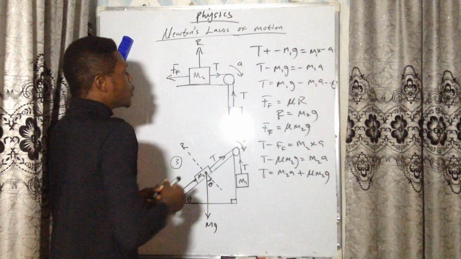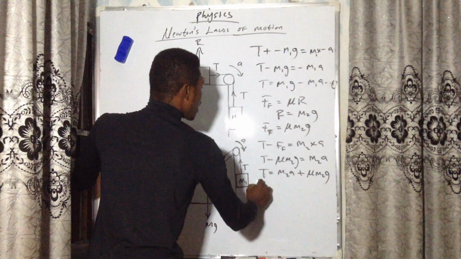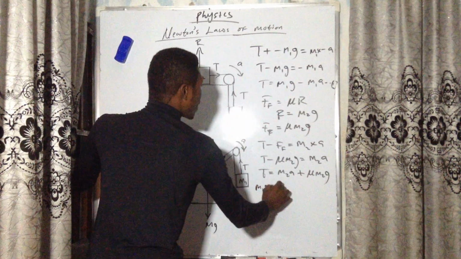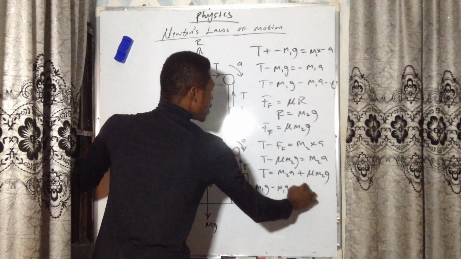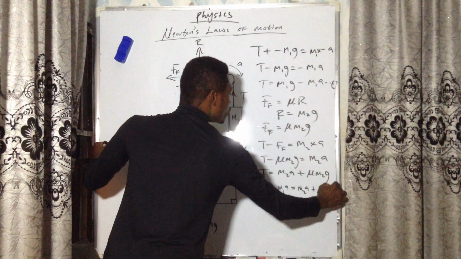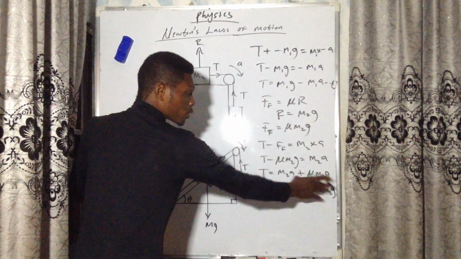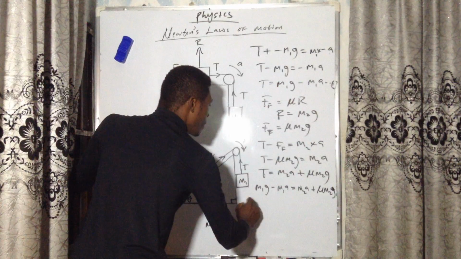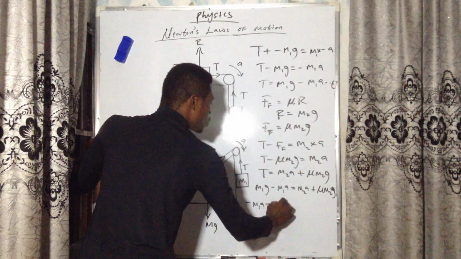Yes. So when you now equate this one and this one, we have M1G minus M1A is equal to M2A plus mu M2G. So remember we are looking for the expression for A. Now we have minus M1A minus M2A.